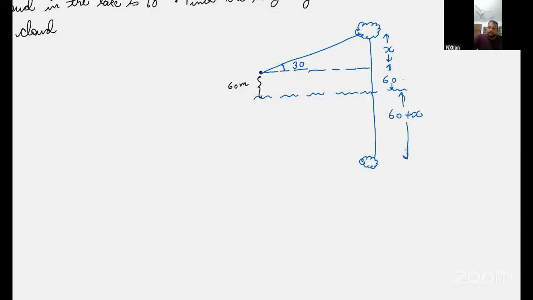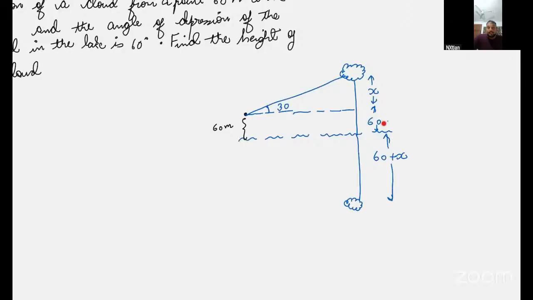Why 60 plus x? Because we know that in reflection the distance is equal, na? So this is 60 plus x from above the lake, then below the lake will also be 60 plus x. And that reflection, when it is made angle of depression, it makes 60 degrees.